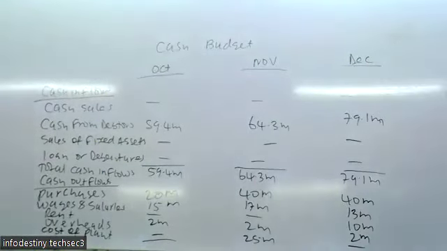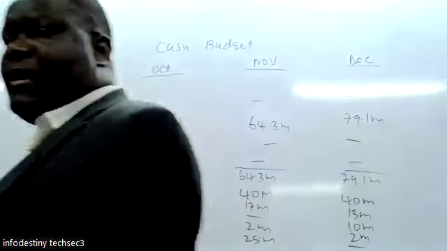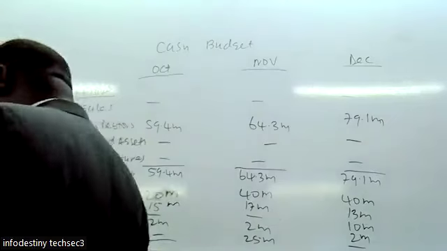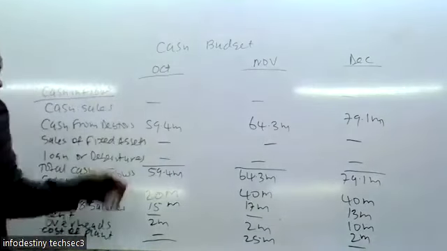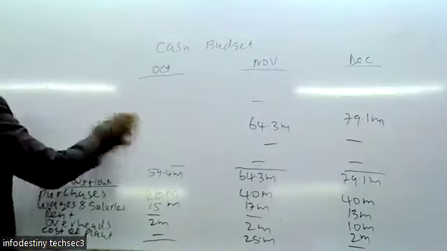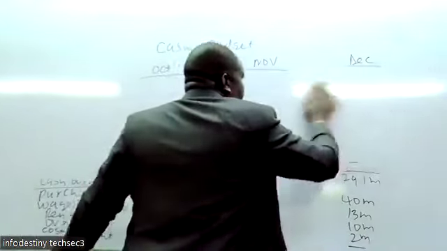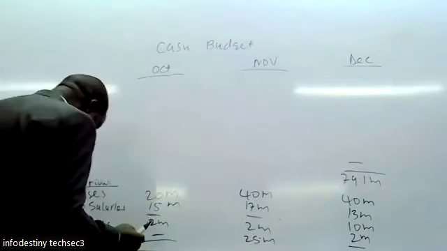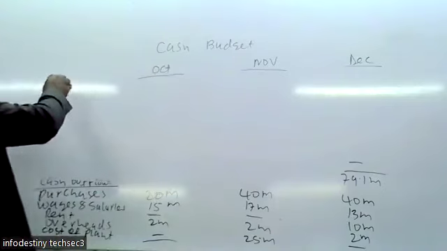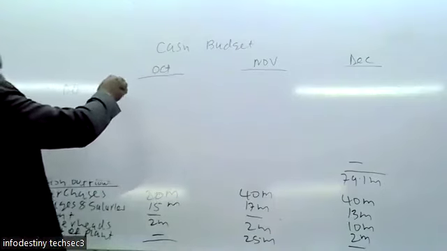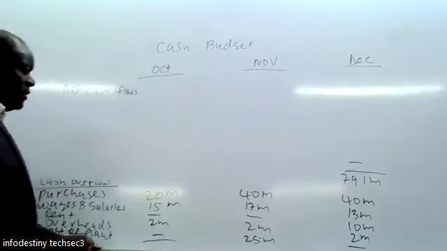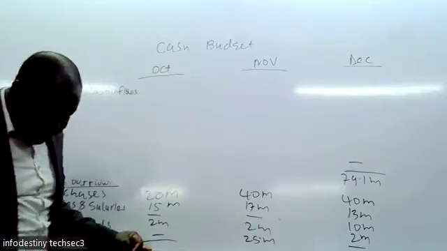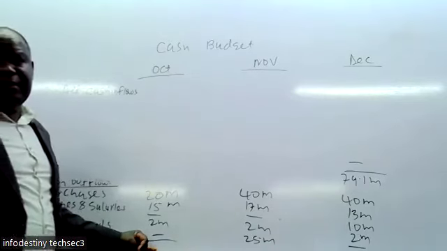Get those outflows, subtract them from the inflows so that we come up with the net cash inflows.